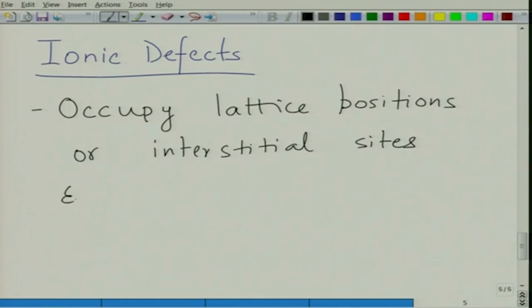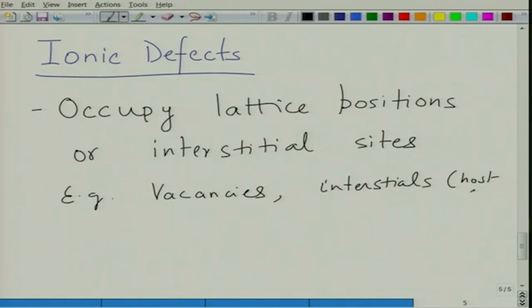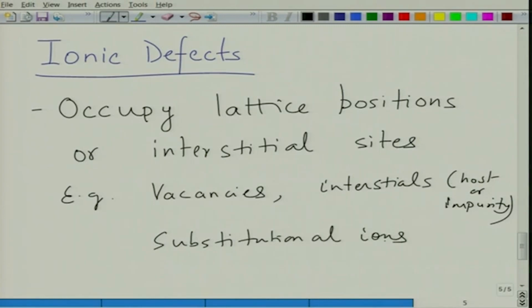Examples are vacancies, interstitials, both host or impurity, substitutional ions, which can be impurity atoms, and anti-site defects, anti-site atoms or ions.